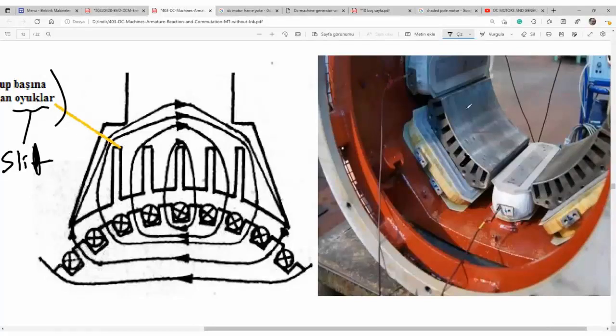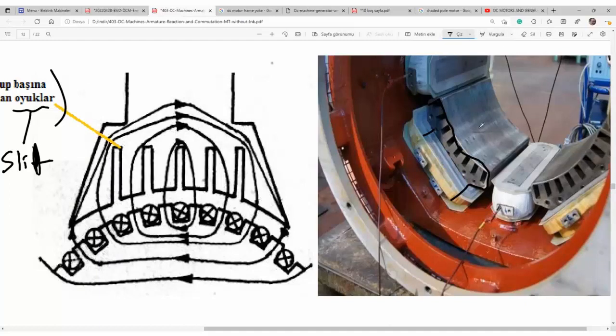Those are slits, but here it is slots. It depends on the engineer's choice. In fact, it is difficult to manufacture. For example, the guy makes a pole shoe design, and they also use that design.